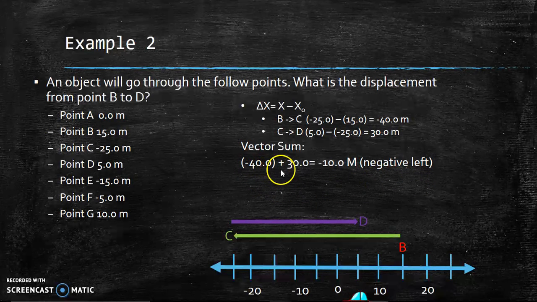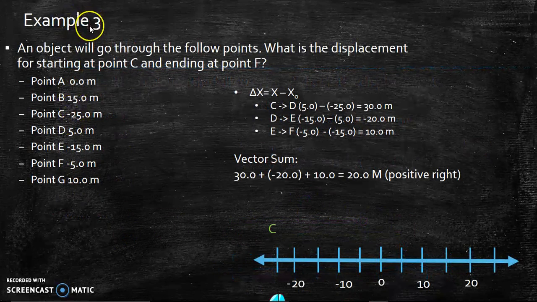So negative 40 plus 30 is going to give you a negative 10 meters, or left. So again, take a step back. If you're going from B to D, and if you've drawn that number line, look where B is and look where D is. If we go 5, 10, then we're moving to the left. So again, negative 10 meters left is going to check out.